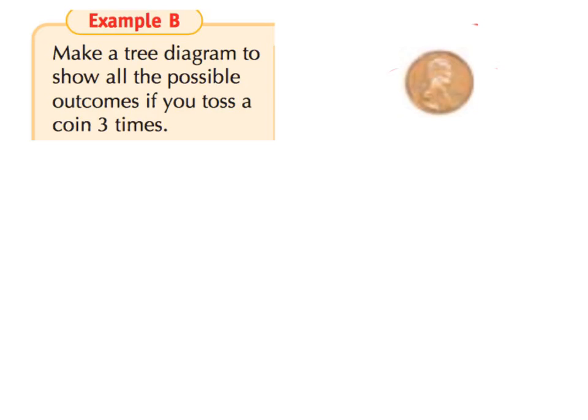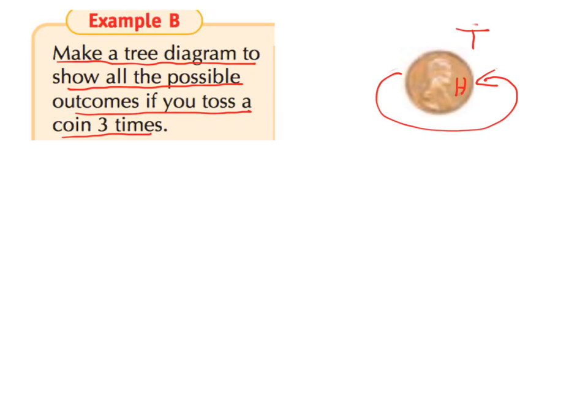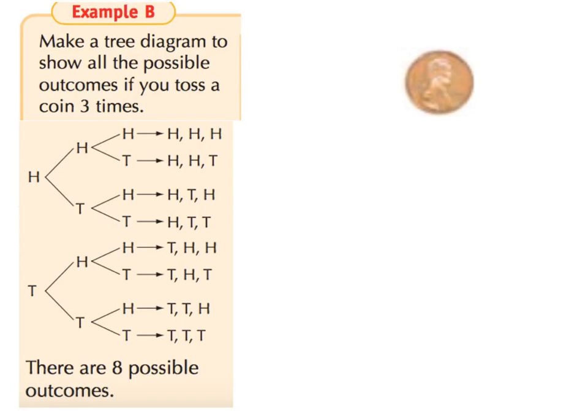Make a tree diagram to show all the possible outcomes if you toss a coin 3 times. We know that in a coin, one side is heads and the other side is tails. So if we toss this coin 3 times, what are the possible outcomes we will get? We will draw a tree diagram. Let's take that the first time we toss, we land up with heads. Now we have to toss for the second time. We may land up with heads or we may land up with tails.